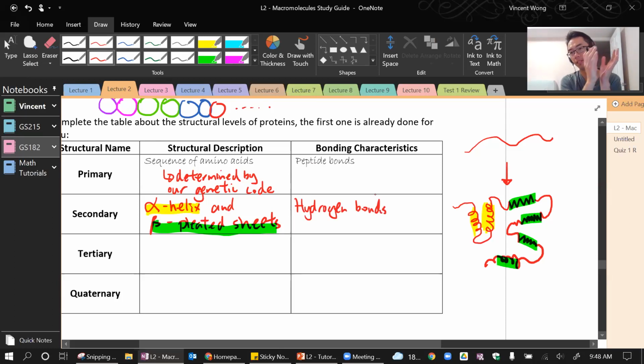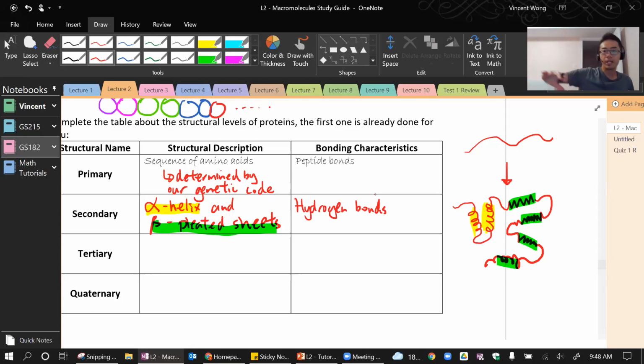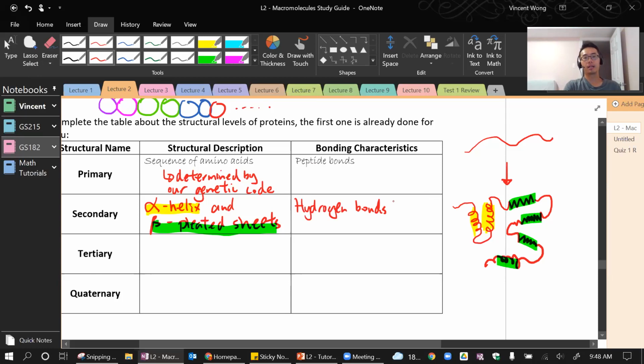Okay, the slightly negative part will be attracted to the slightly positive part. Okay, but it doesn't have to be water molecules. It could be other molecules as well. In this case, it would be the hydrogen bonds of the peptide backbone. I showed you what the peptide backbone was earlier.